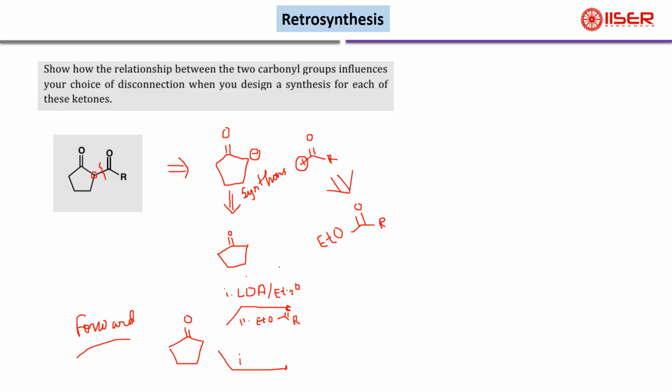Another is enamine synthesis. Anyway, if you go through the enamine synthesis, we just add this pyrrolidine. It will combine with this one and form this imine.